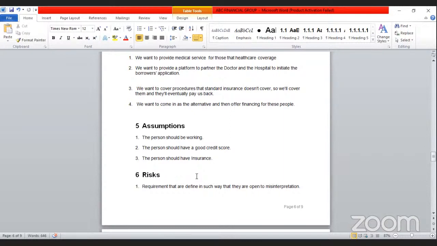And during the requirement elicitation, I quite remember that our stakeholder mentioned that the person coming for the loan, how do I even call it? The insurance is not covering the specific procedure, if you get me.